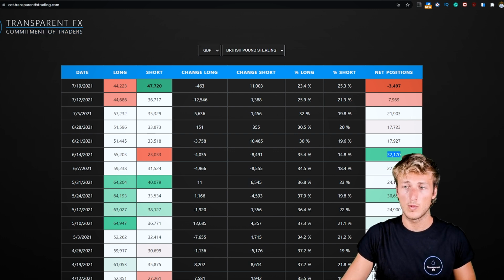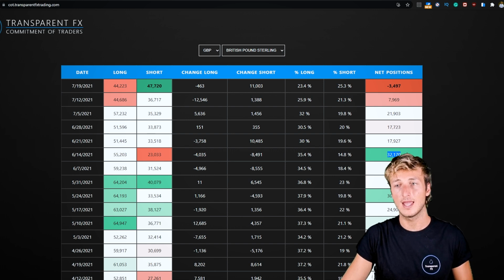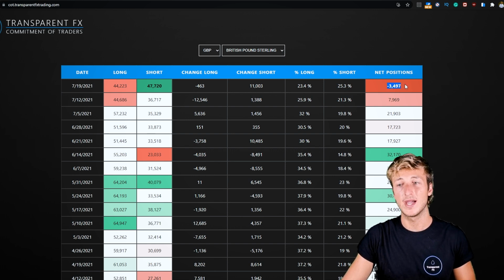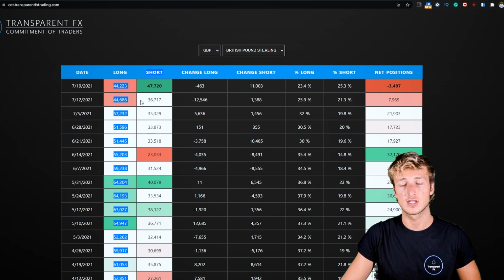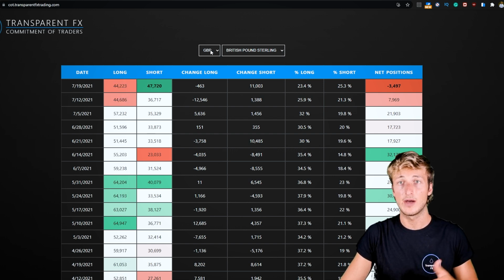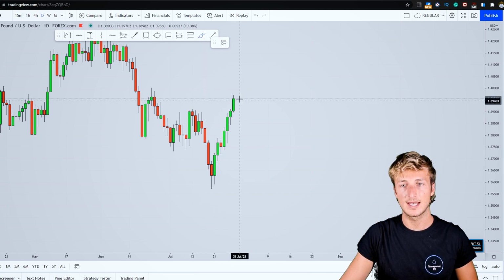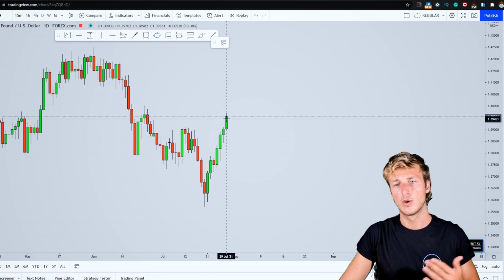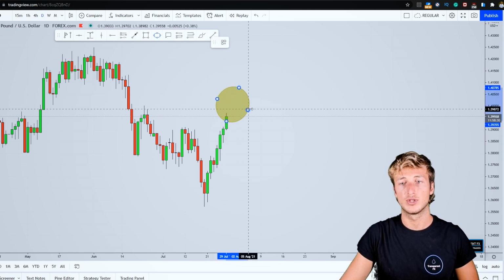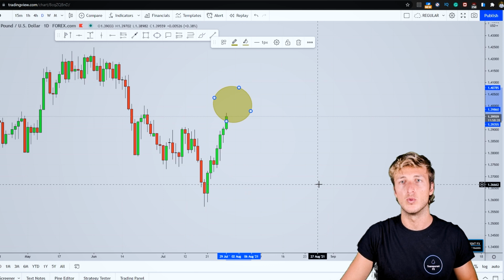In fact, we went from having a positive 32K net positioning down to having minus 3.4K net positions, which means that we went from having more longs than shorts from an institutional perspective on the pound to now having more shorts than longs, with 47K shorts and 44K longs. So the pound is getting quite bearish and we can expect the market to provide a potential rejection to the downside. So how we will be approaching this potential shorting opportunity with students.